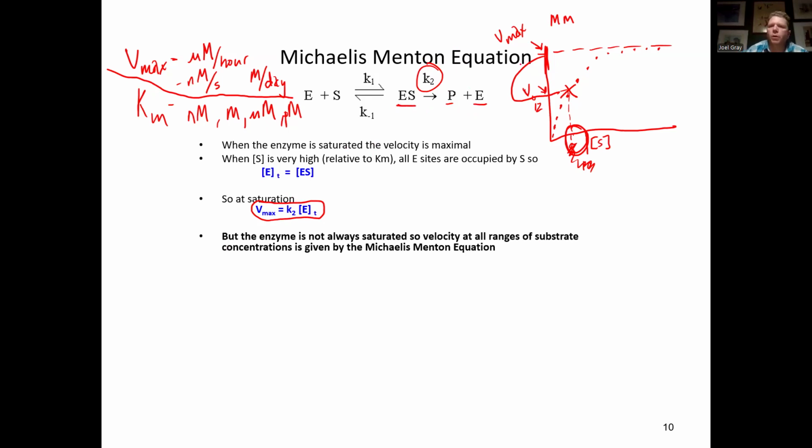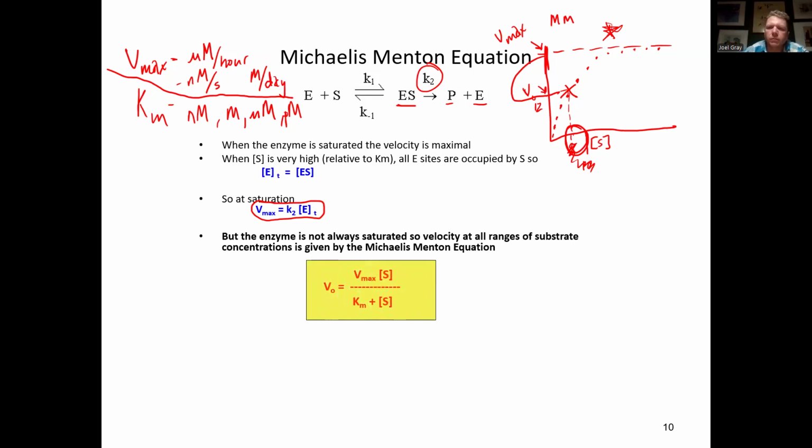So this graph that we put together just a moment ago, one of the things that's kind of tricky about it is that it's not linear and it kind of plateaus out. So the curve to it, sorry, is typically going to be hyperbolic.